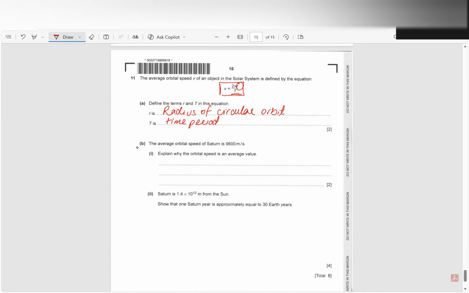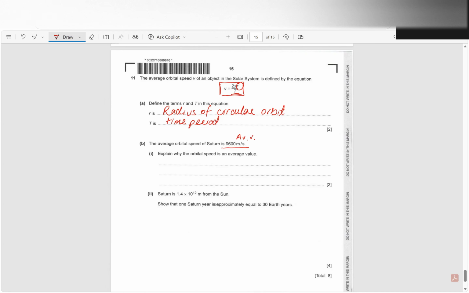So in the next part, the average orbital speed of Saturn is 9,600 meters per second. The average orbital speed is already given to us. It says, explain why the orbital speed is an average value.